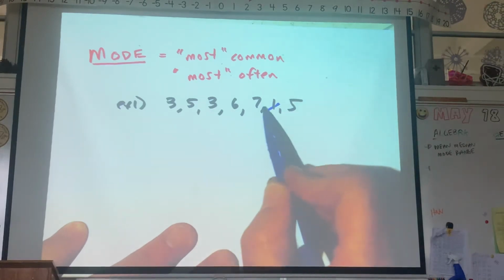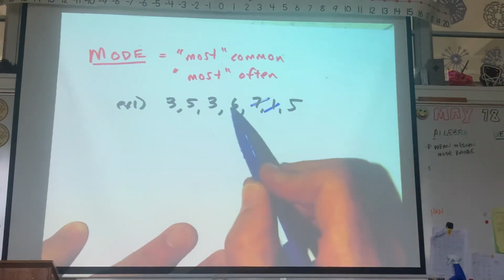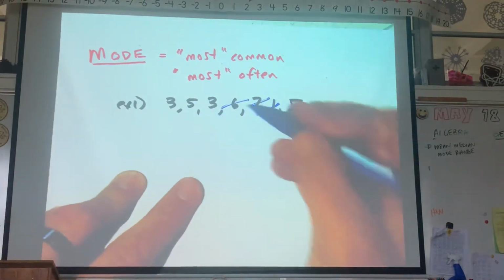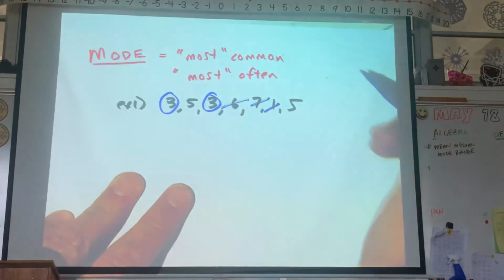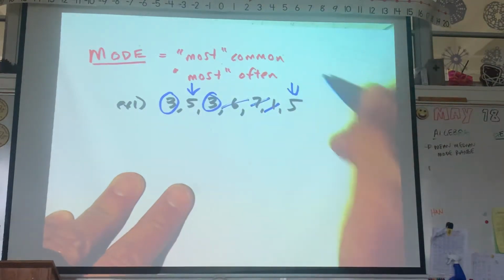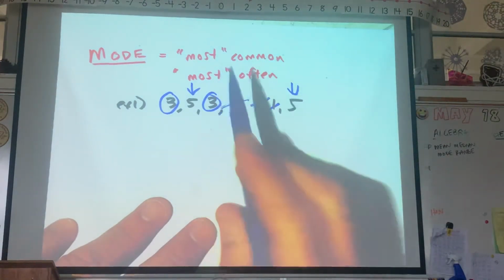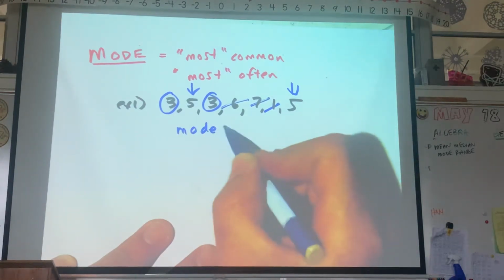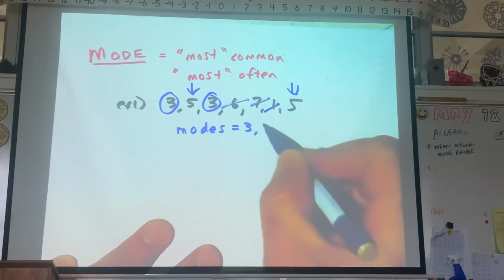I only see 1, 7, you're gone. I see 1, 6, you're gone. I see 2 3s. And I see 2 5s. Guess what? There can be 2 modes. Modes are 3 and 5.